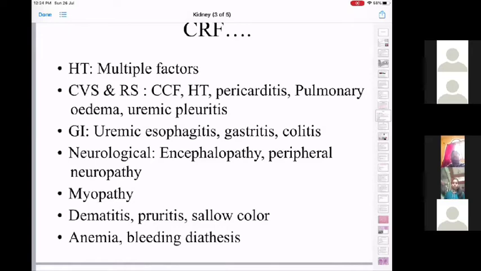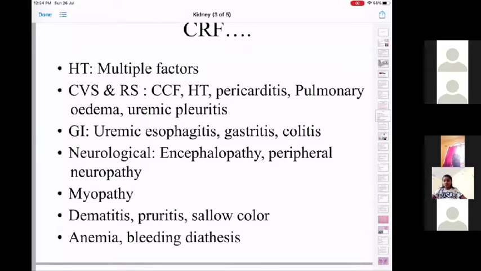Pleuritis means infection of the pleura. Third is involvement of GI. GI causes uremic esophagitis, gastritis, or colitis. Students, you see if any itis suffix is there, that means infection or inflammation of that particular organ. Like esophagitis means inflammation or infection of the esophagus, or infection of gastric epithelium or stomach.